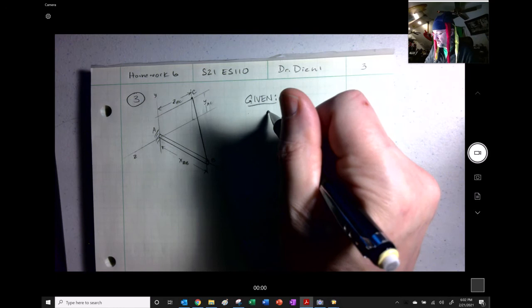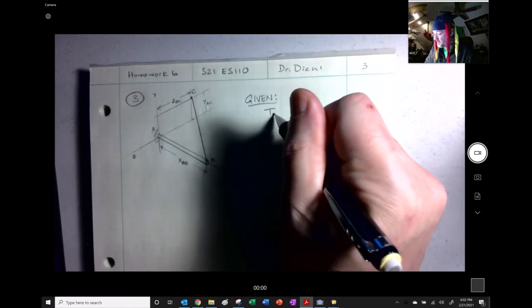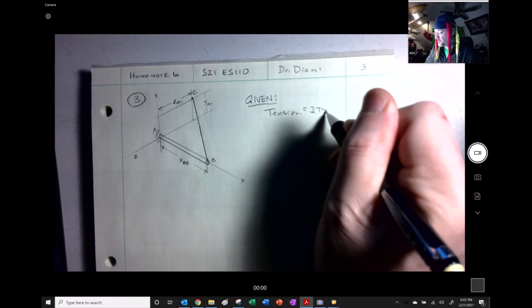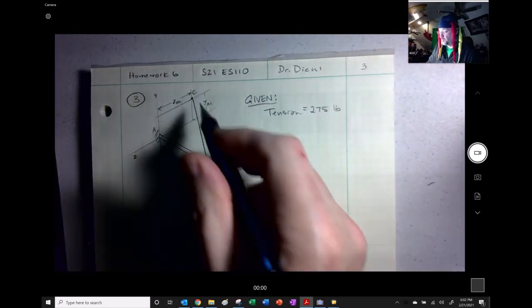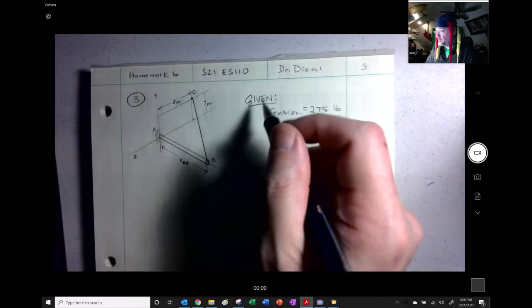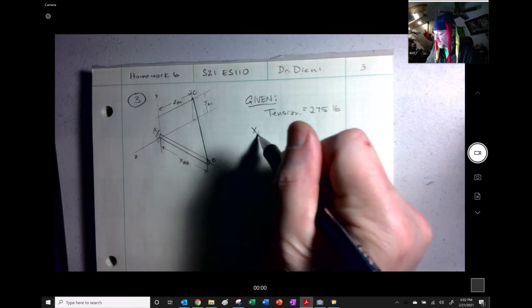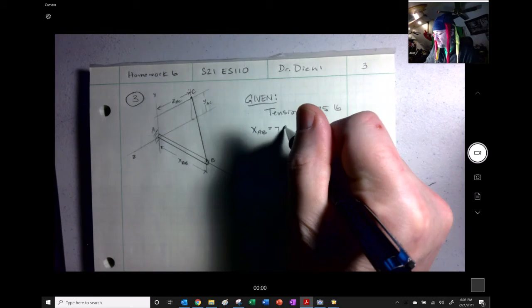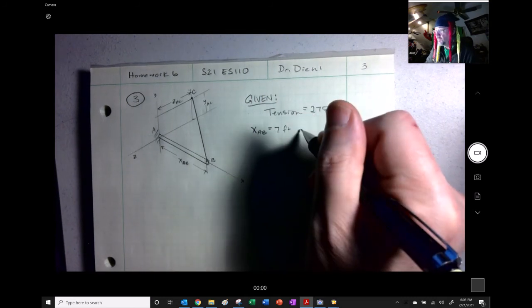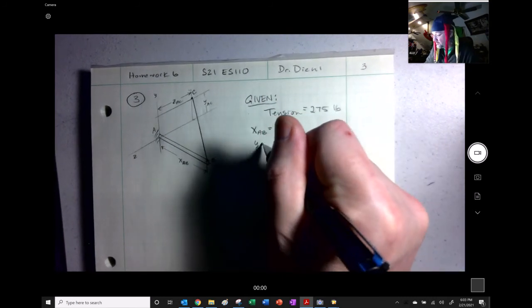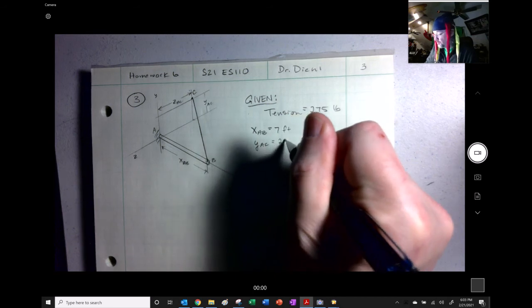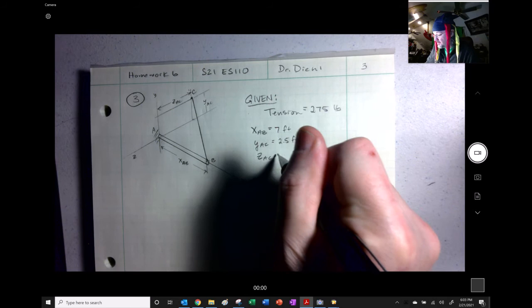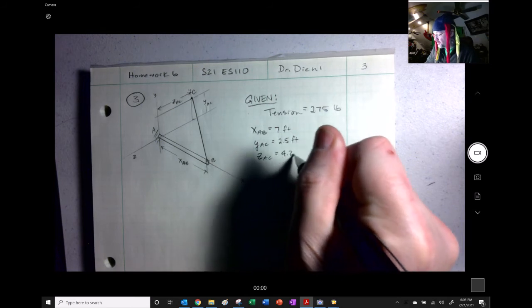So given the tension, this tension is 275 pounds between B and C there. The dimensions are X_AB, which is 7 feet, Y_AC is 2.5 feet, and Z_AC is 4.2 feet.